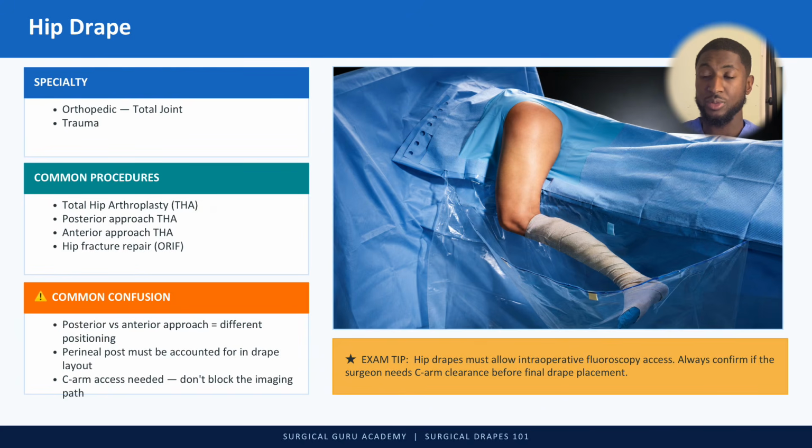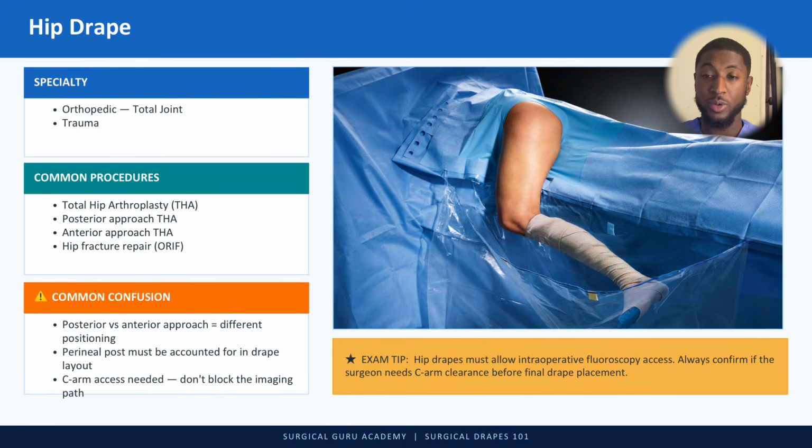All right, so I believe what they're referring to there, we call it a shit stick. And we have that on the fracture table when we are doing gamma nails. And if we are doing a gamma nail on a fracture table, we're most likely not using a hip drape.